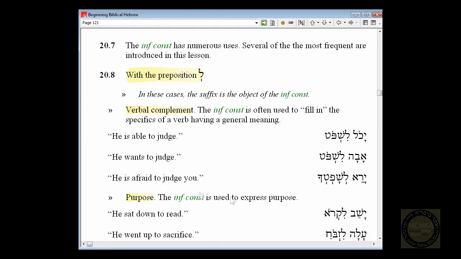And down here, to judge, and then the suffix becomes an object, to judge you. So again, there are a couple things to commit to memory here. When a preposition lamed is added to an infinitive construct, translate it like a normal English infinitive, to whatever the verb means. And then when you have, in that situation, a suffix added, the suffix is the object of that verb, that infinitive construct verb, to judge you.